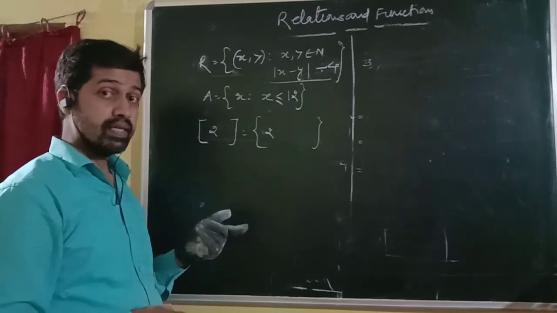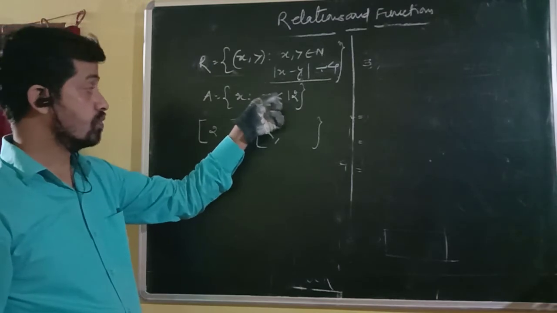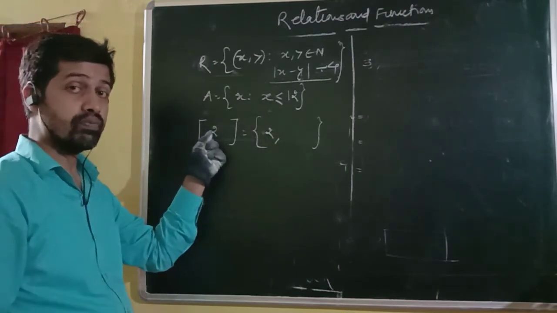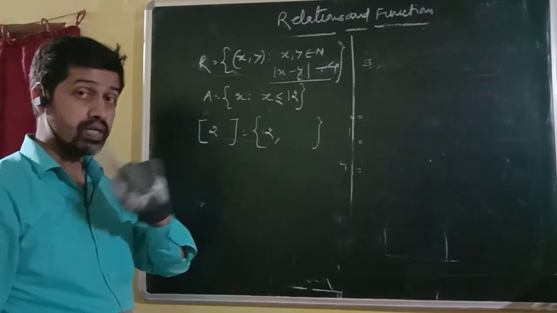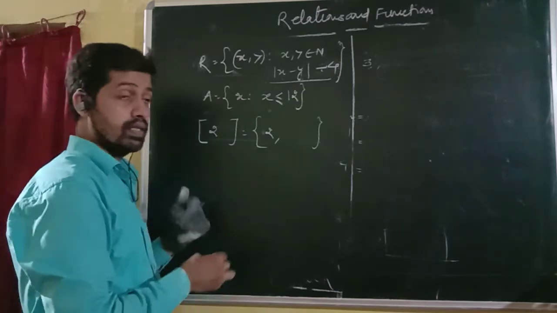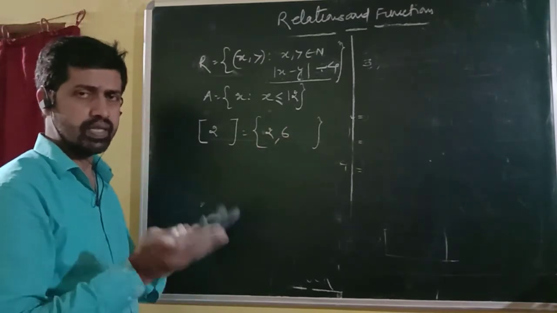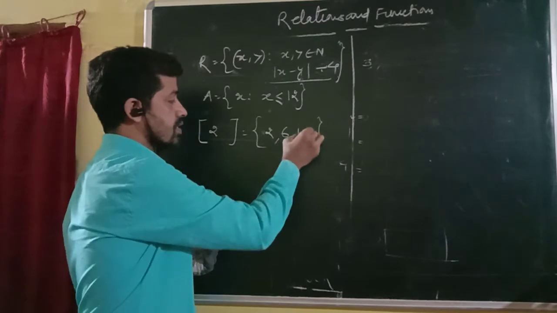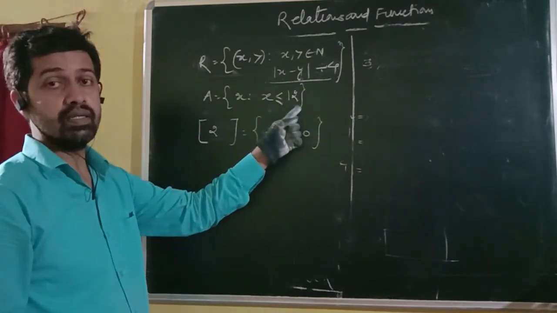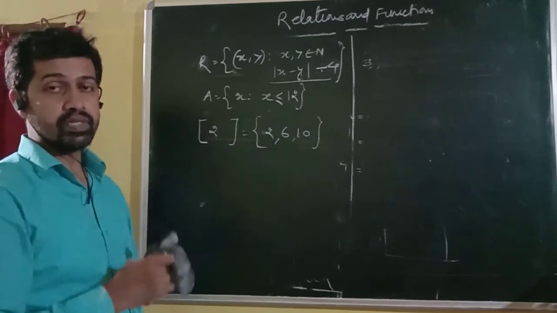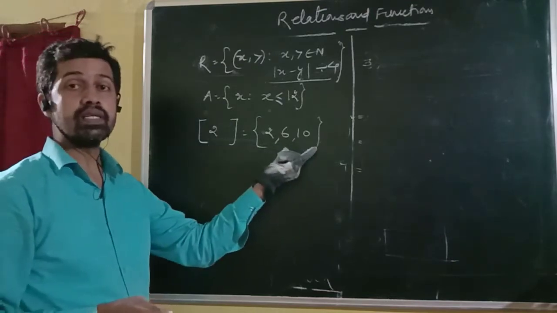The next element from this set whose difference with 2 is divisible by 4. Is it 3? 3 minus 2 becomes 1. 1 is not divisible by 4. Then it is 6. Obviously the difference should be 4, then only it will be divisible. 2, 6, 10, 14, but 14 is not there. Do remember, in continuity, when we proceed, we sometimes commit mistakes. So this is the equivalence class of 2.